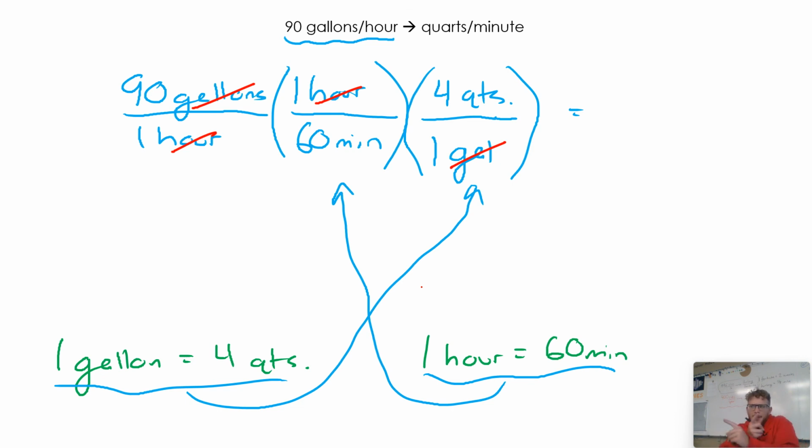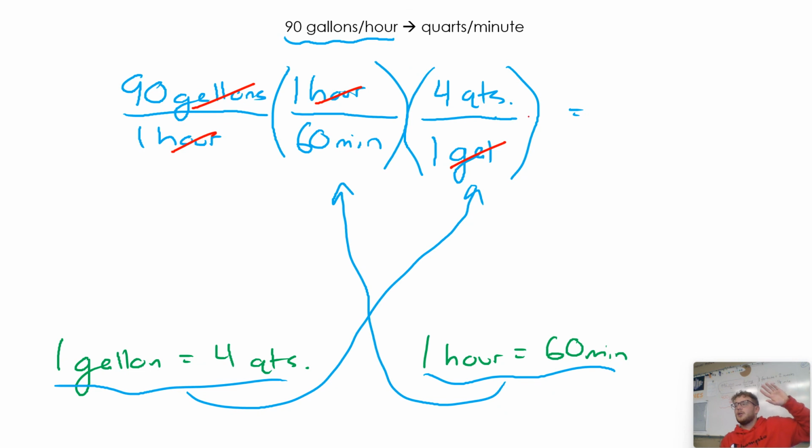But Mr. Cutler, they're not right by each other. The parentheses are way over here, and my gallons are way over there. Doesn't matter, because if you multiply them across, you're going to end up canceling them out anyway. It doesn't matter where they are in your final problem, they're going to cancel out. So keep that in mind when you're doing some of these hard problems, that it doesn't matter that gallons is all the way over here. As long as it's on the top somewhere and on the bottom somewhere, they're going to cancel out in the end. So you're allowed to cross them off.